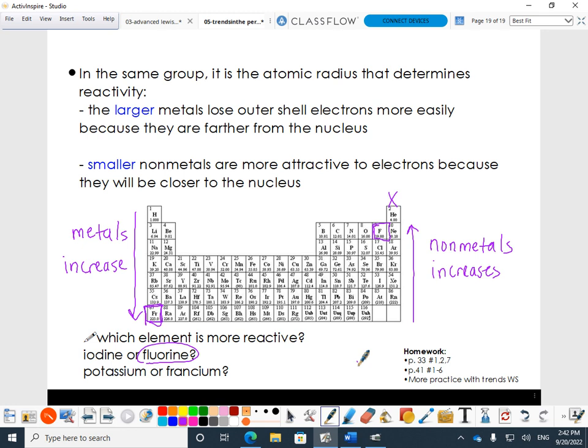Fluorine is the smallest, most reactive, highest electron affinity, highest electronegativity. What else do we do? Smallest ion, all of it. And then francium is the largest metal, smallest ionization energy, smallest electron affinity, smallest electronegativity, and biggest atomic radius.